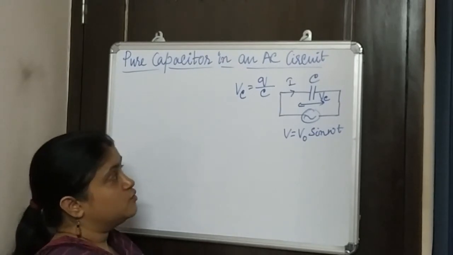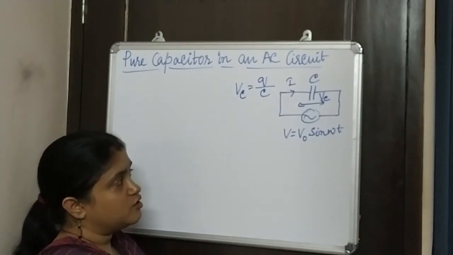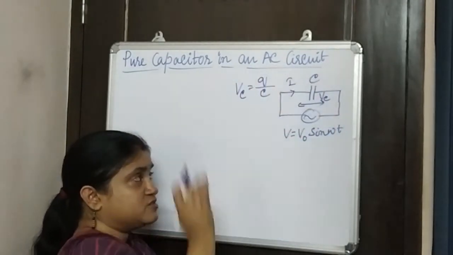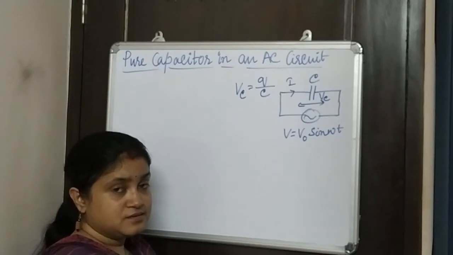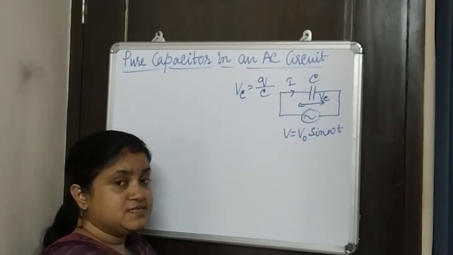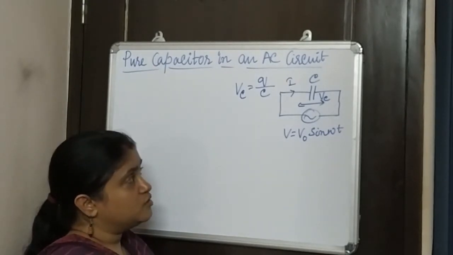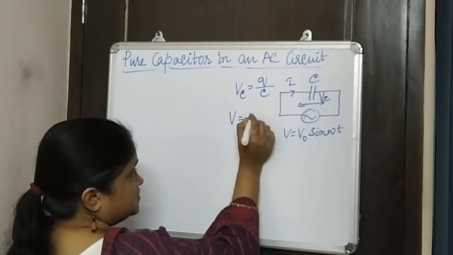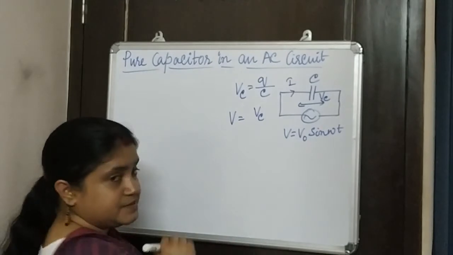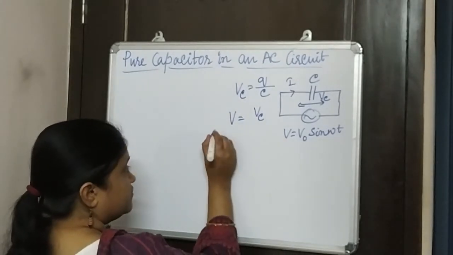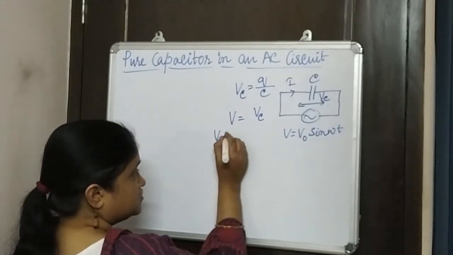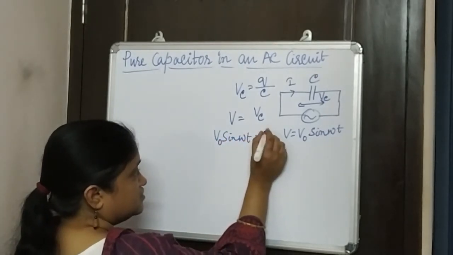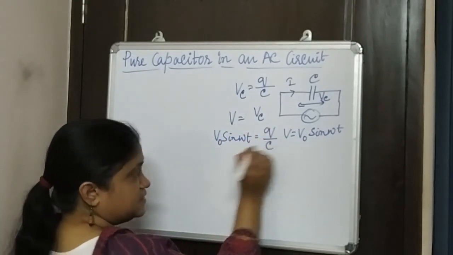When we apply Kirchhoff's law, the source voltage and the voltage drop across here are the same. So we can write that V is equal to VC, right? Or we can write V naught sine omega t is Q by C.